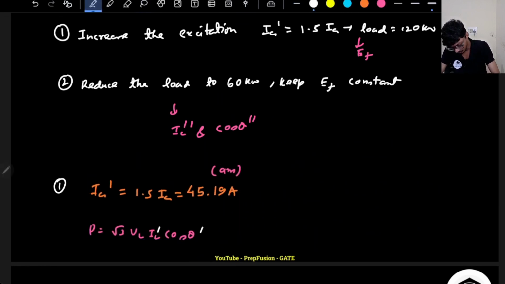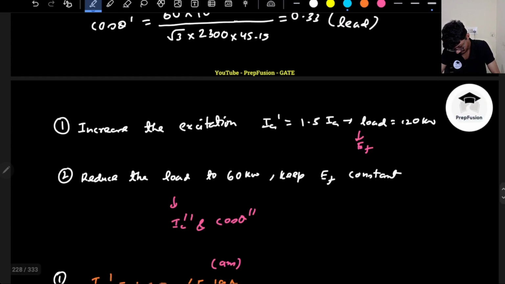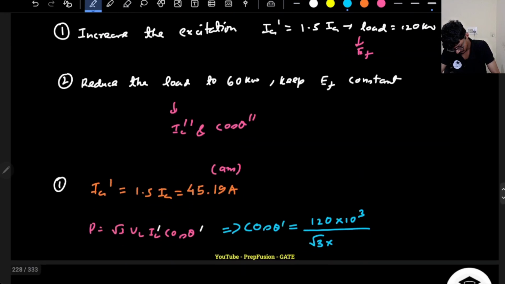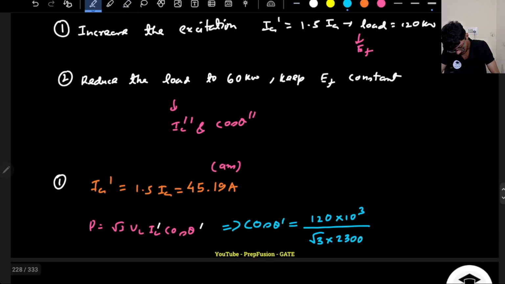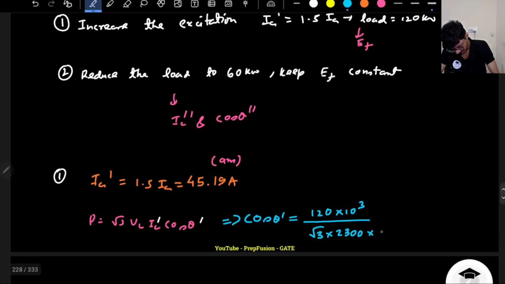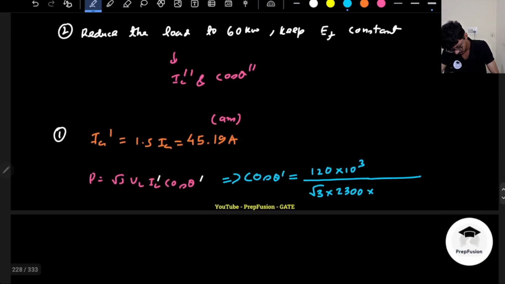So this will be your cos theta dash: power, that is 120 kilowatt, divided by root 3 into VL, VL is 2300, into IL dash, IL dash is 45.19.